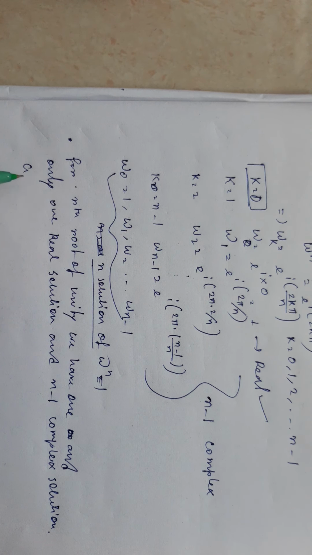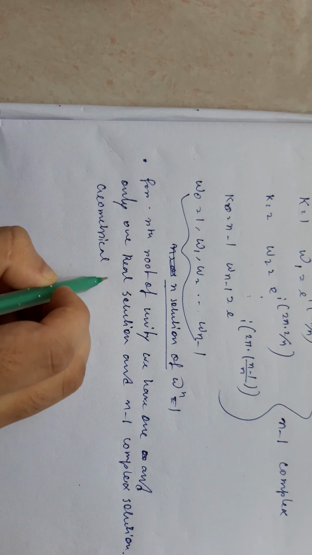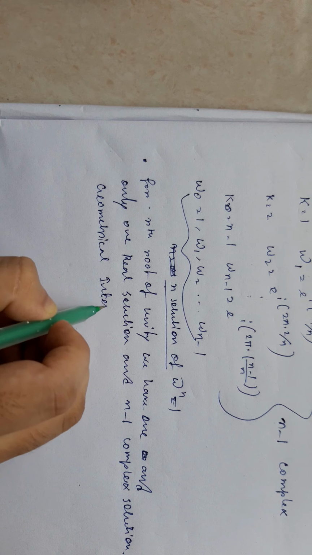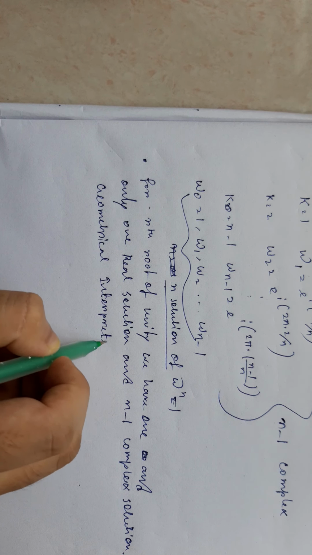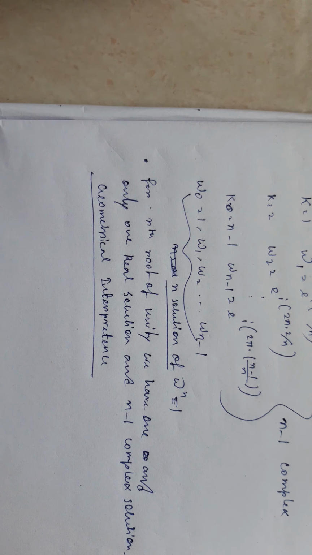What is the geometrical interpretation of this nth root of unity?